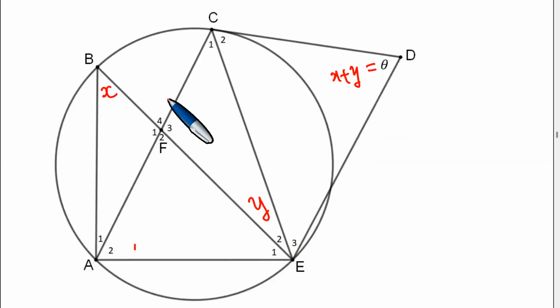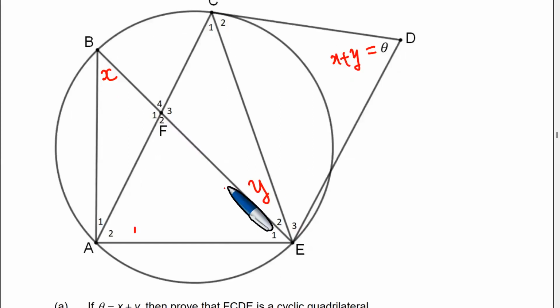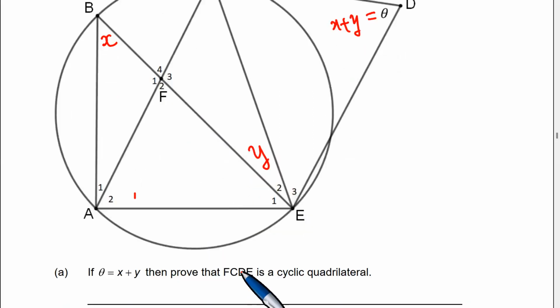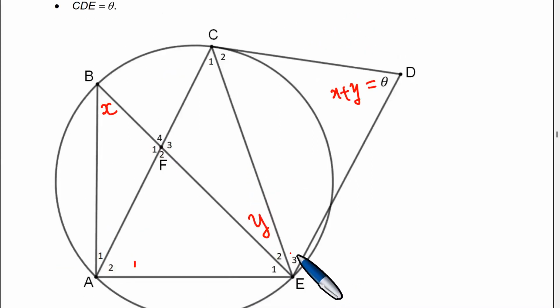FCDE is a cyclic quad. Very nice question, Mr. Examiner. So we need to prove that FCDE, I'm mentioning that twice so that you can come to terms with it, is a cyclic quad.